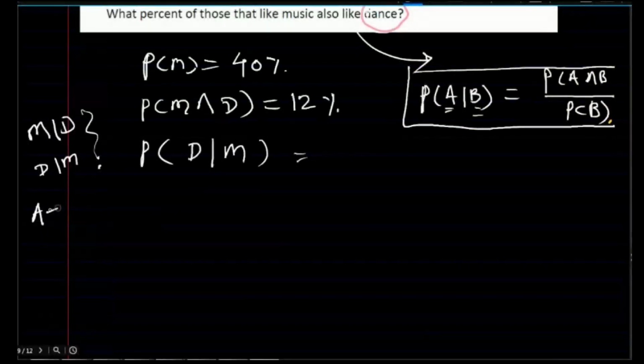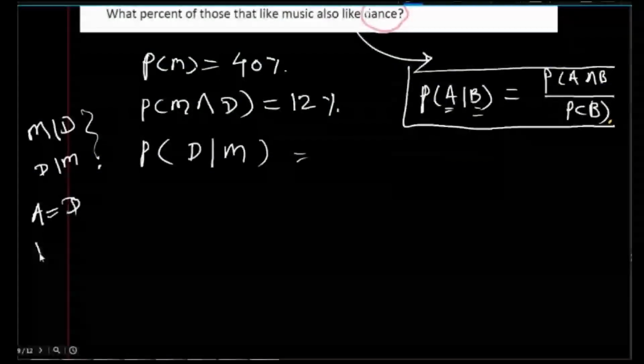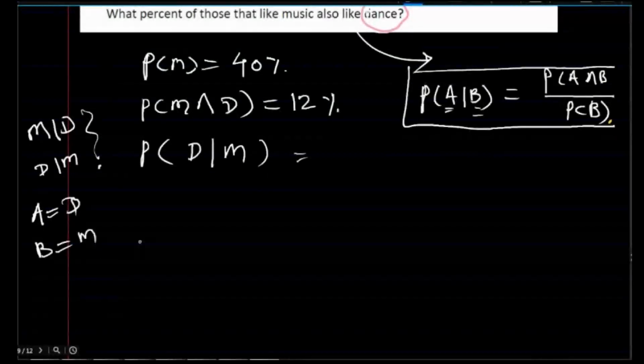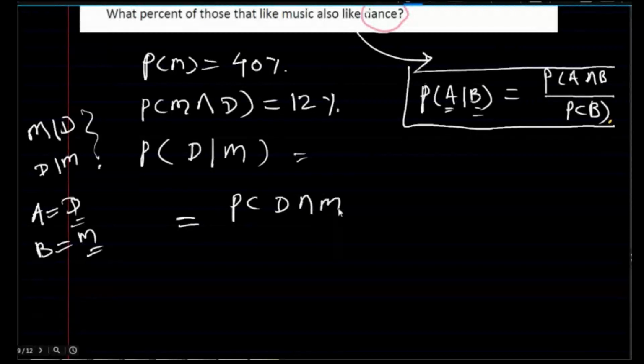A we have to replace with D and B we have to replace with M. Replace A with D and B with M. So this will be equal to the probability of D given M is equal to the probability of D and M divided by the probability of M.